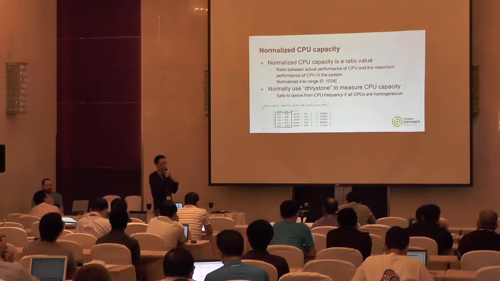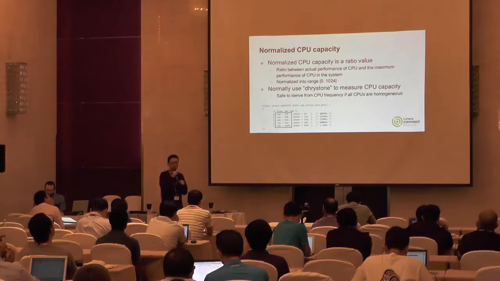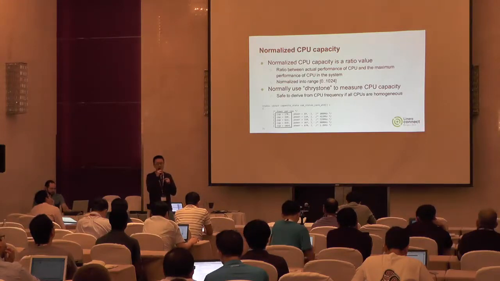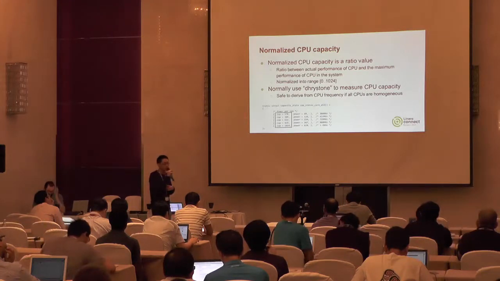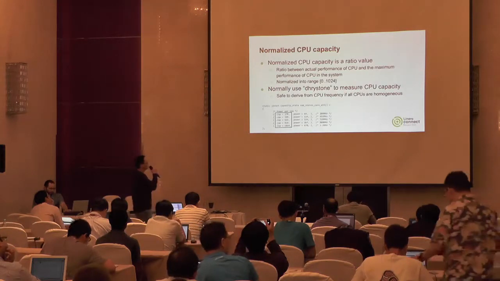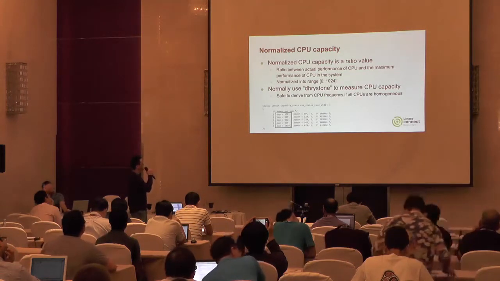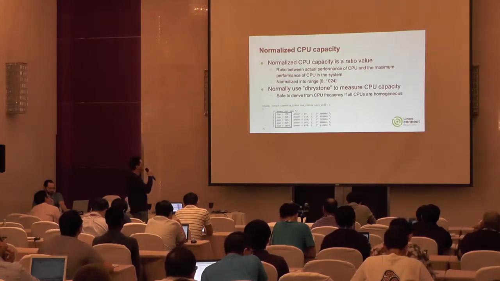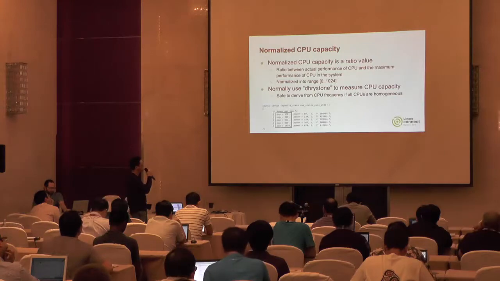Before we go back to the power model, here I have one thing to explain. For the CPU capacity, we should normalize it; the normalized CPU capacity is a ratio value. The ratio is between the actual performance of the CPU and the maximum performance of the CPU in the system.